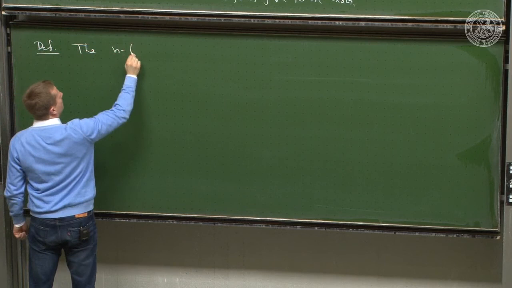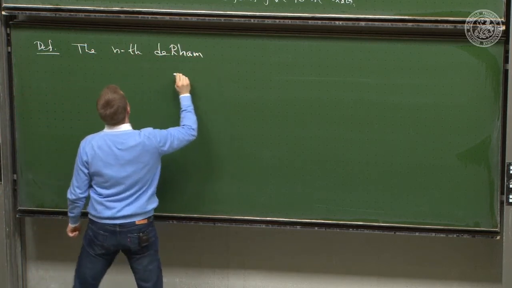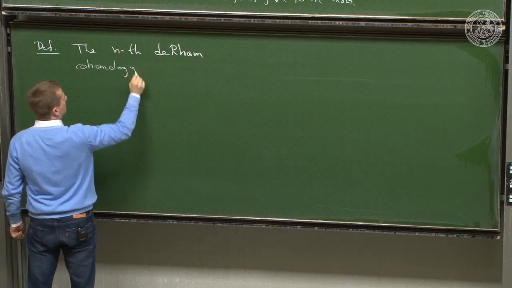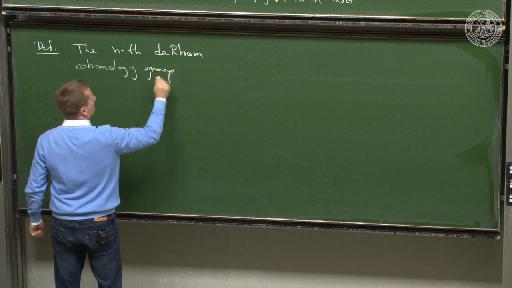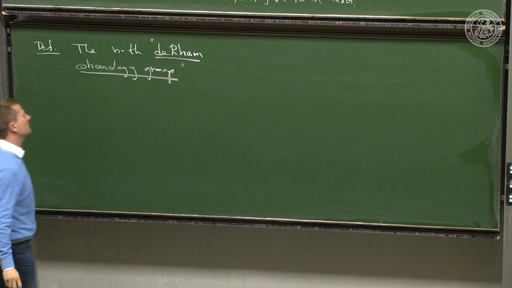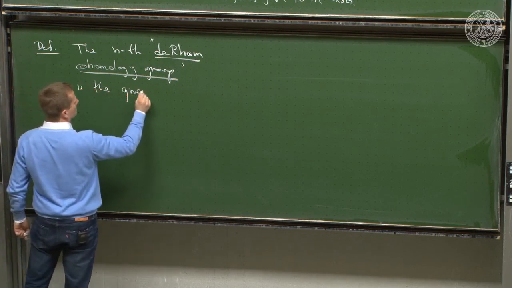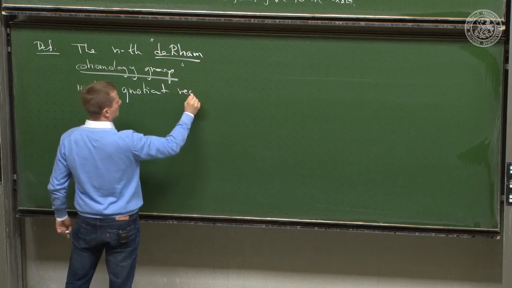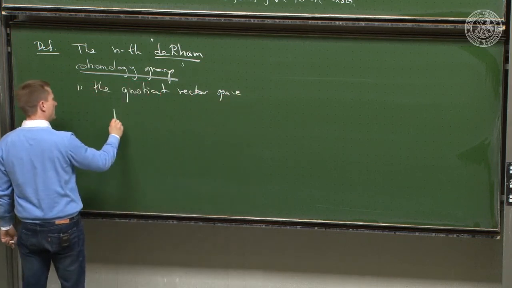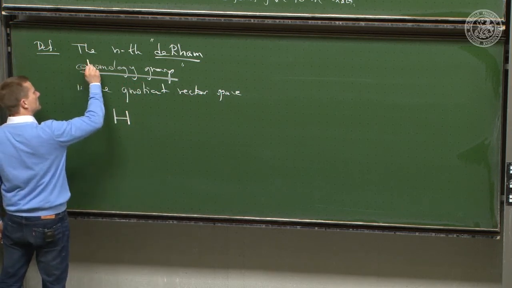The nth de Rham cohomology group is the quotient vector space with the nice name H, like homology, so it's the H in the homology.